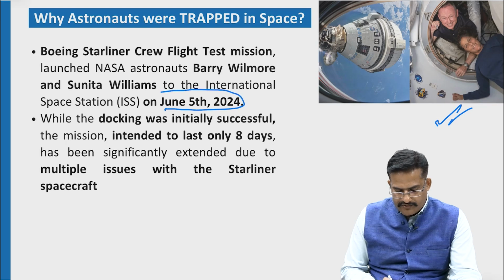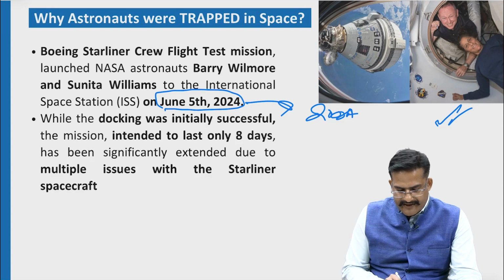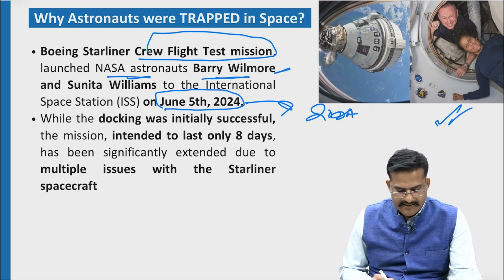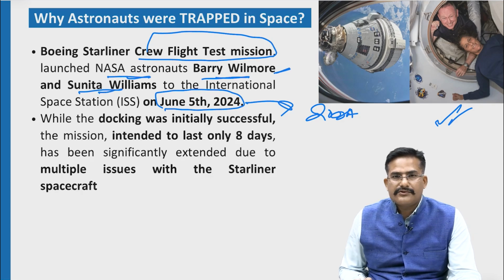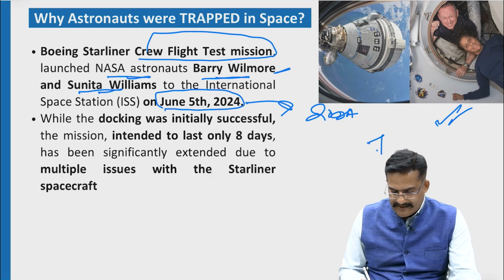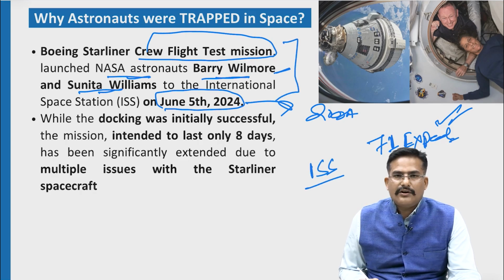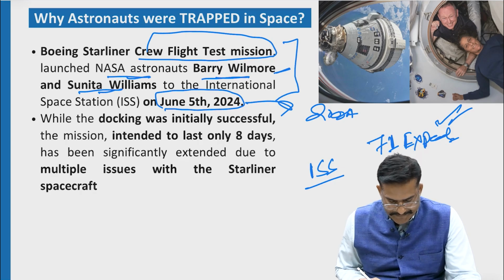On June 5th, 2024, the Boeing Starliner crew flight test mission took NASA astronaut Barry Wilmore, who is the commander of the entire mission, and Sunita Williams, who was supposed to be the astronaut in its 71st expedition, and they docked at the International Space Station that we call ISS, right?